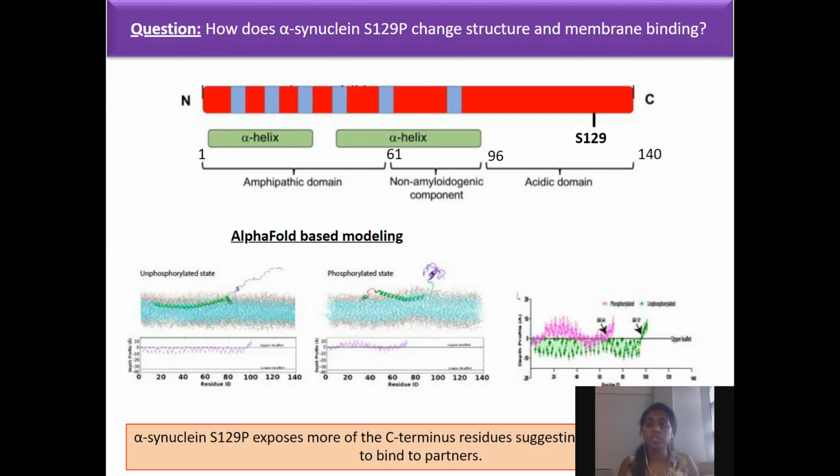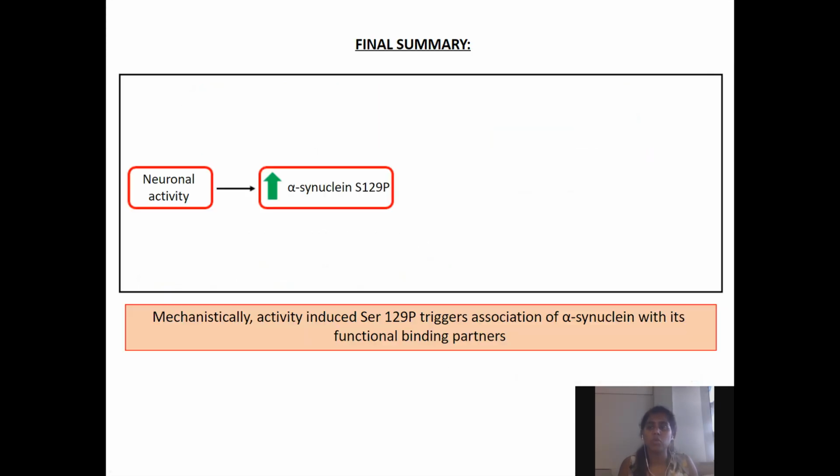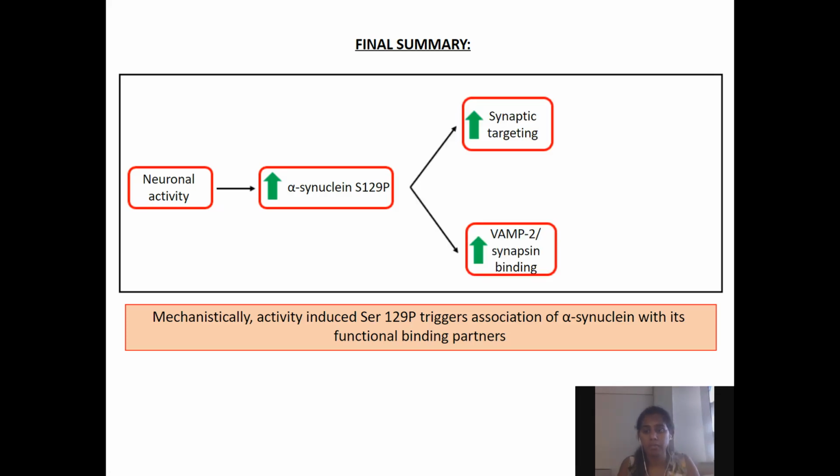So in conclusion, we showed that neuronal activity increases alpha-synuclein phosphorylation, which leads to increased synaptic targeting and also increased VAMP2 and synapsin binding, which consequently plays a role in synuclein function.